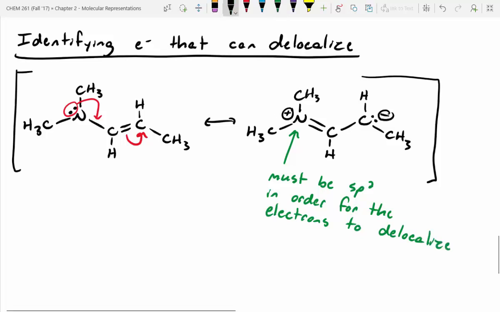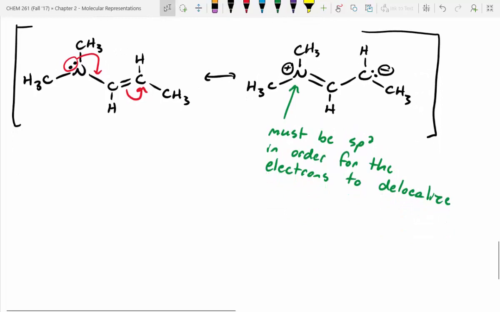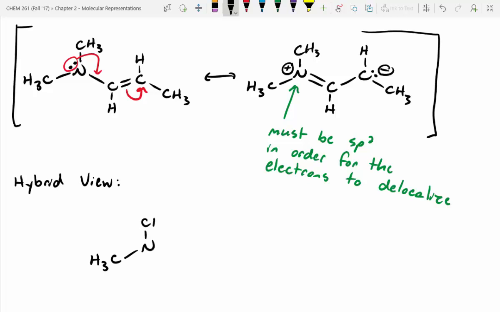All right, now what I want to do is draw a hybrid. Same sort of thing: I'm going to draw my backbone, but we want to use dashed bonds and partial charges. Where should the dashed bonds go?